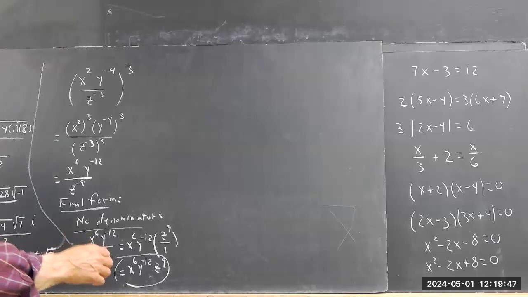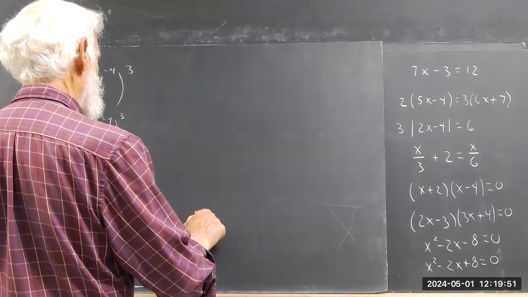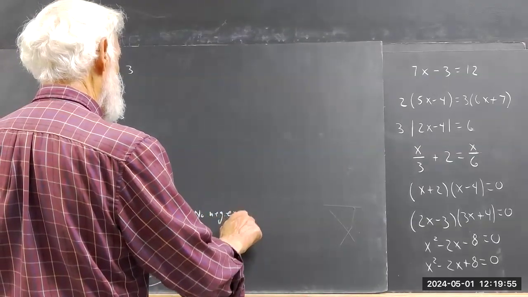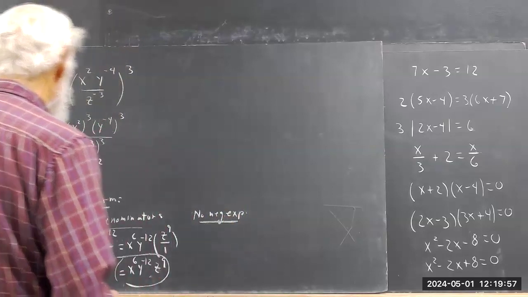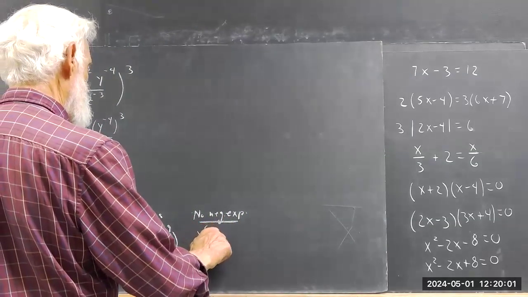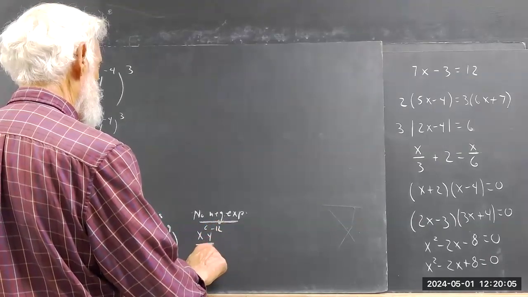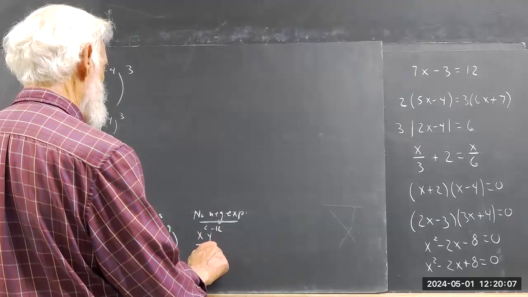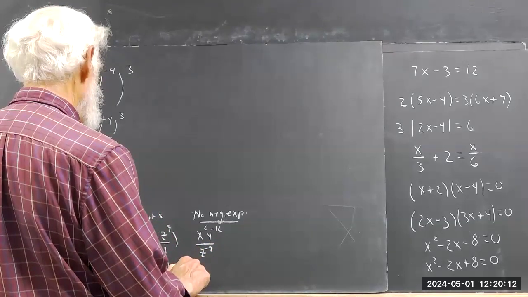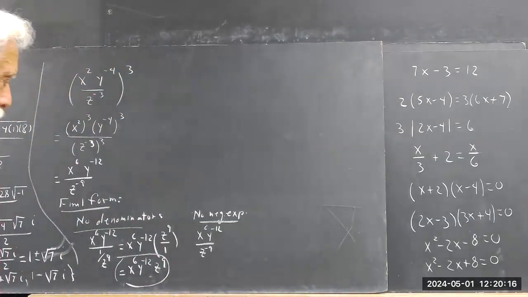Now, if you want the final form with no negative exponents, you're going to have x to the 6th, y to the negative 12th over z to the negative 9th. Meaning what now?